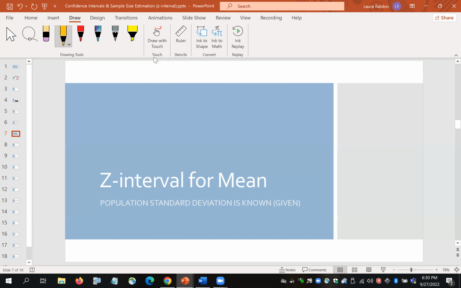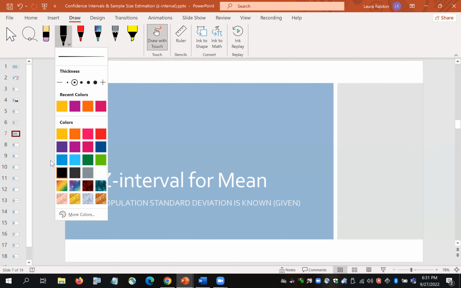The Z interval is used whenever you know the population standard deviation. And typically in the problems that you're going to be seeing in this course, in the quiz or on the midterm, you will be given in the problem the population standard deviation. Now, I failed to tell the other class this yesterday or on Tuesday, so I want to backtrack.